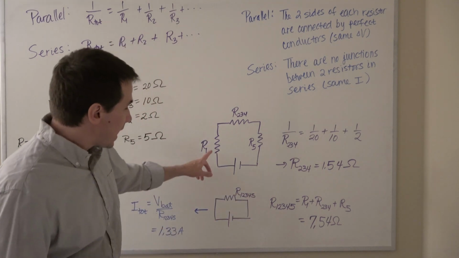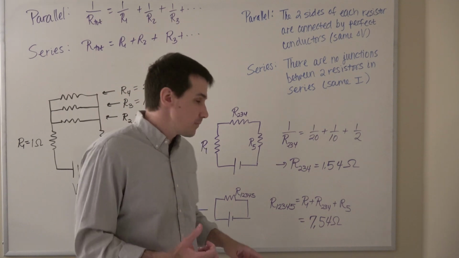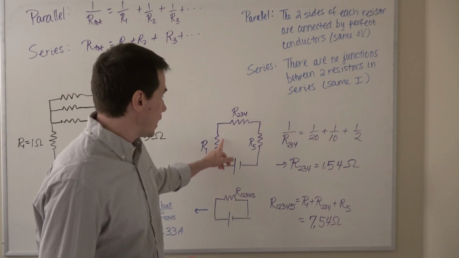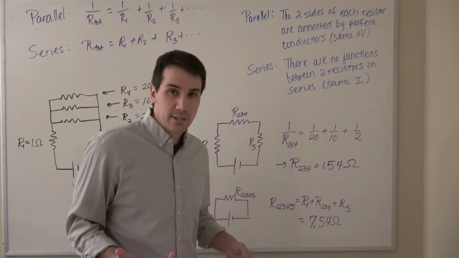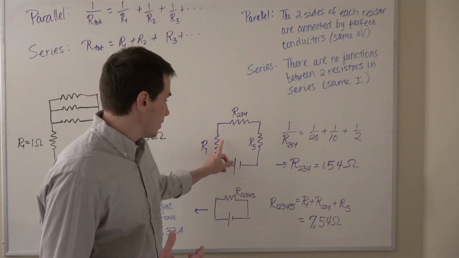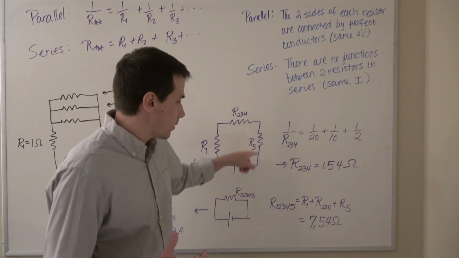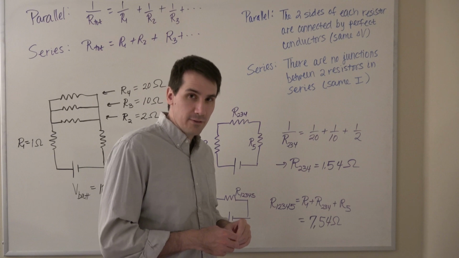All right, well now we clearly have 3 resistors in series with one another, right? I can get from each of the resistors to the next without passing through any junctions, and I can easily see that every electron that flows through R1 also flows through R2, 3, 4, and also flows through R5.